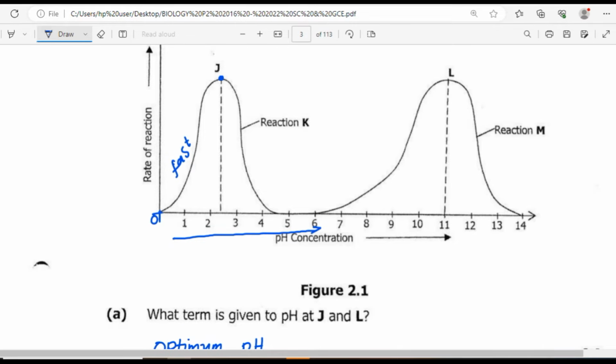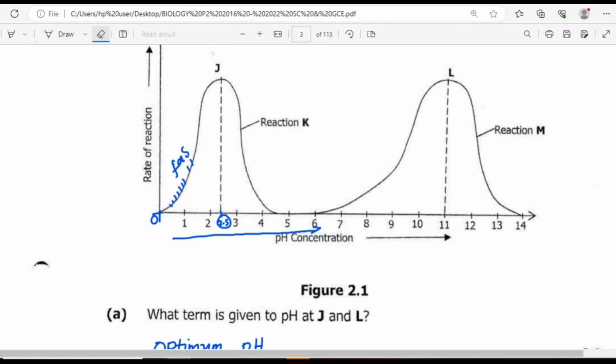Remember, the acidity increases when you go in this direction. So as the pH is decreasing in the acidic medium, the enzymes start to work well. At this 2 point something, maybe 2.5, is where the enzyme is now working at its best operation.